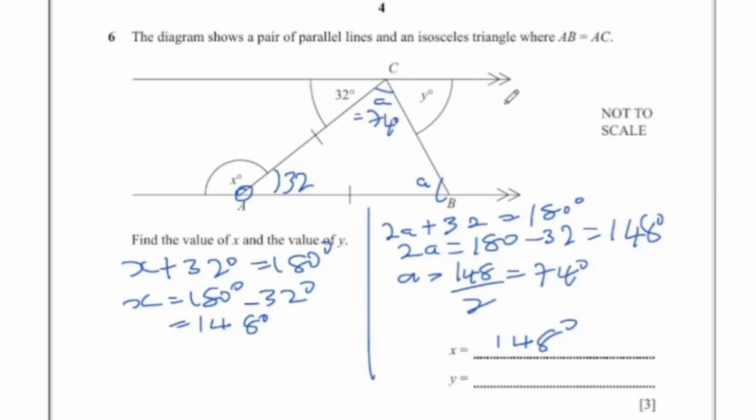This is a straight line, so we see that 32 degrees plus 74 degrees plus y degrees sums up to 180 degrees.